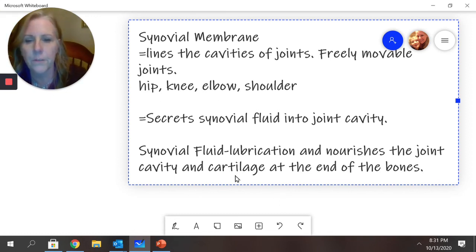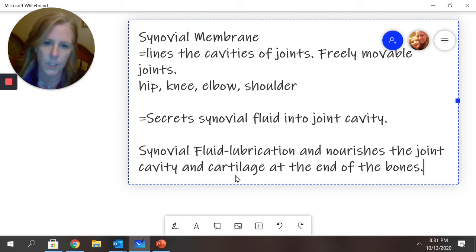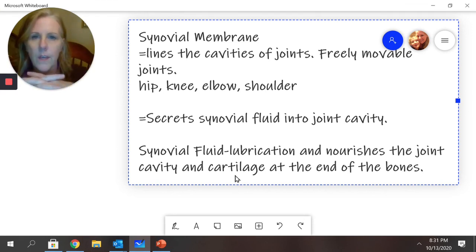So synovial fluid functions in lubrication and also nourishes. It nourishes the joint cavity and the cartilage at the end of the bones. Where two bones come together, that is technically a joint. If it has that joint capsule, a synovial capsule, it's a synovial joint. If it's a synovial joint, it produces the synovial fluid, and the synovial fluid is very important. Two major functions: it provides lubrication in that movable joint and also nourishes the structures there, which are the joint cavity and the cartilage at the end of the bones.